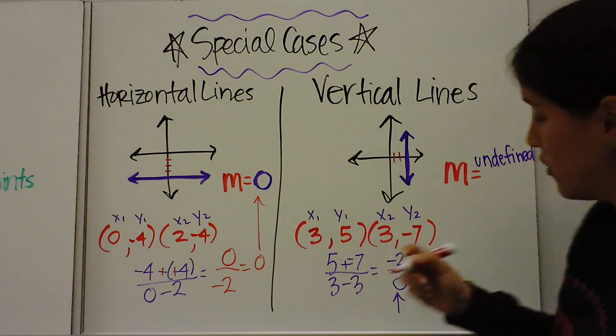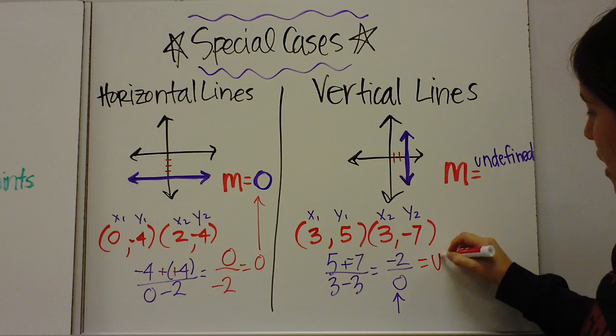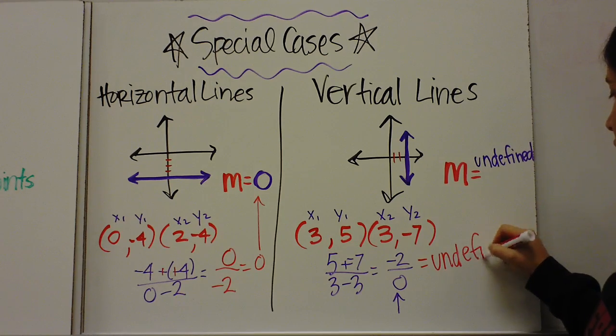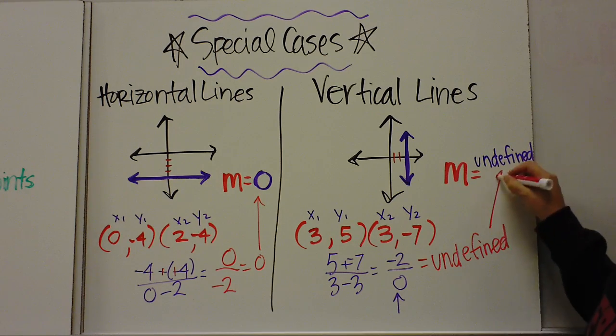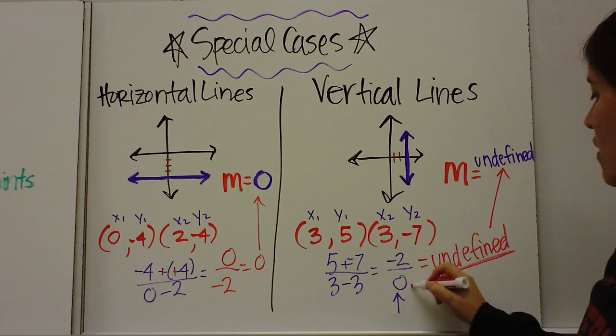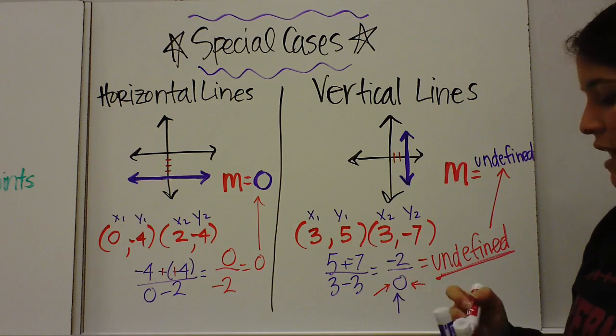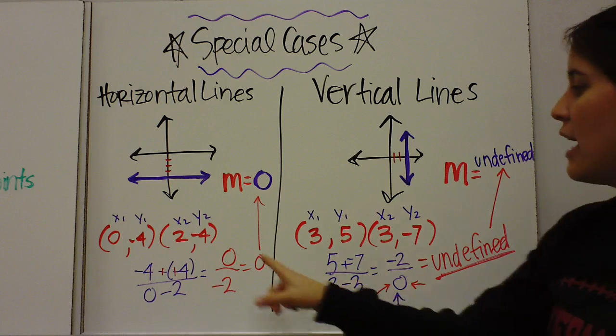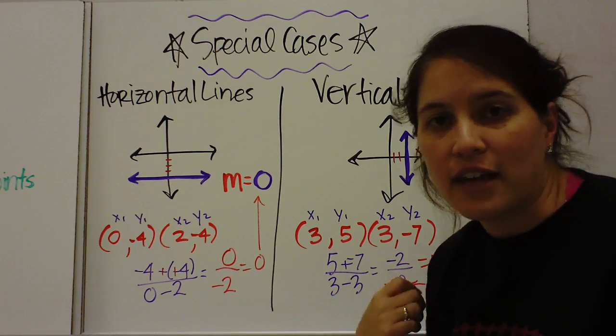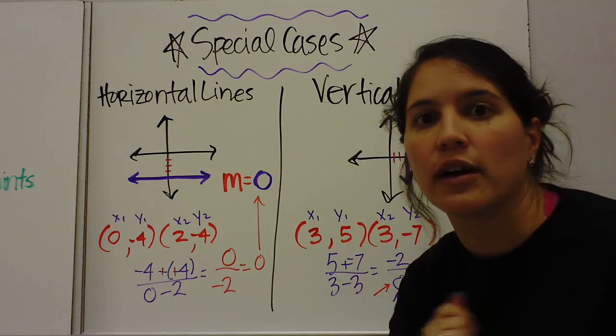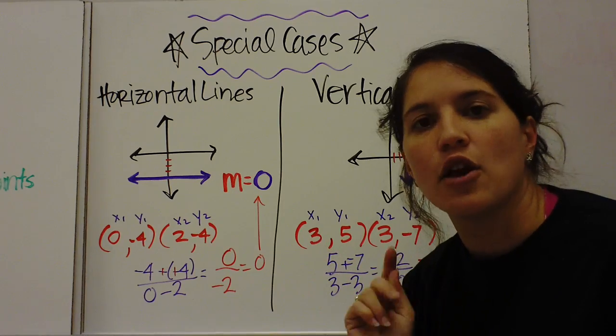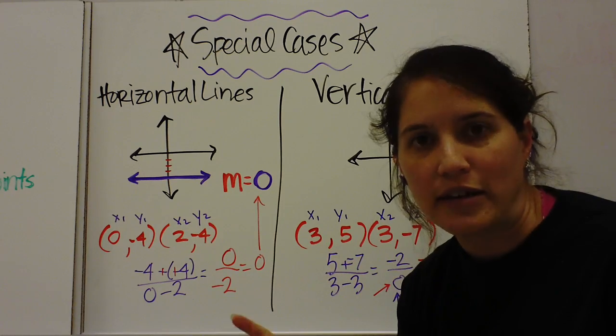It gives you an error. And so whenever you have 0 on the bottom, it is undefined. So there's a difference between having 0 on the bottom and having 0 on the top. These are special cases, but tomorrow we're going to practice counting slope and using the slope formula, and we'll practice that in class.